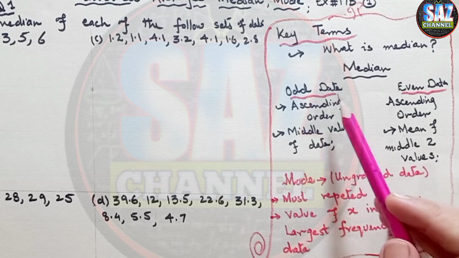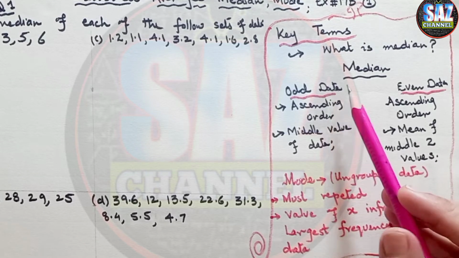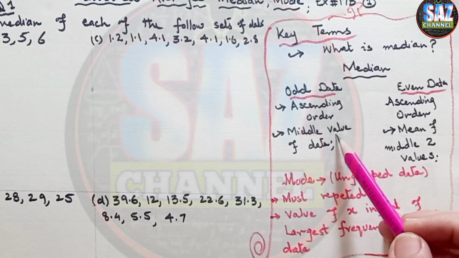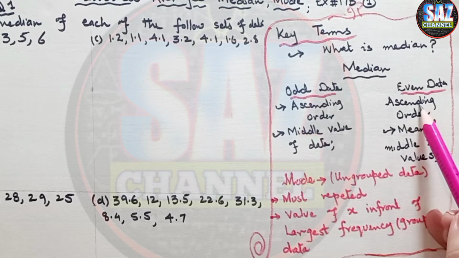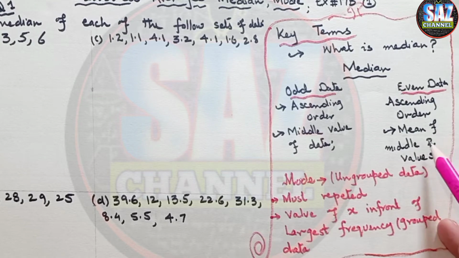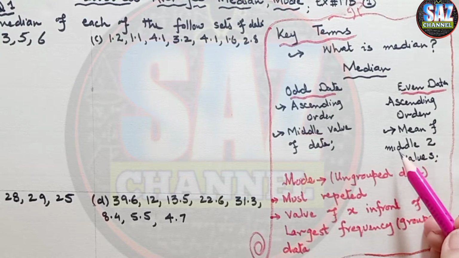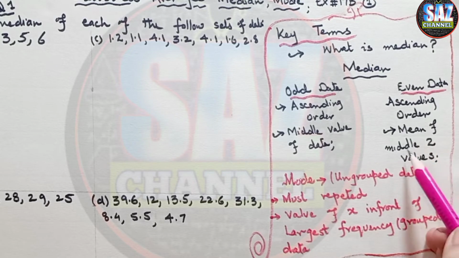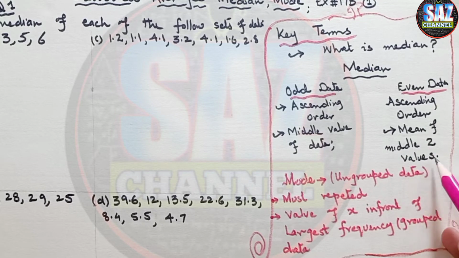If the number of observations is odd, then the median will be the middlemost value. And if the data after putting in ascending order is even, that is the number of observations is either 4, 6 or 8, then we have to take the average or mean of the middle two values.